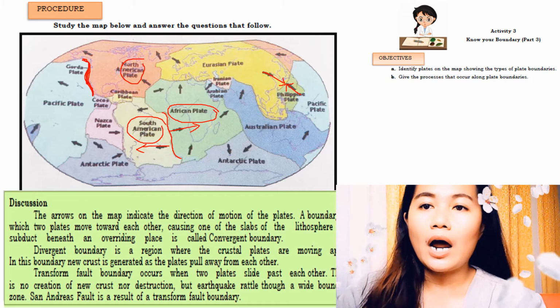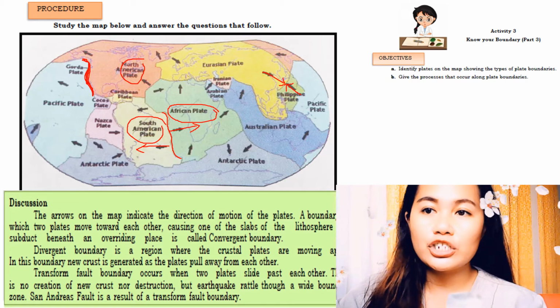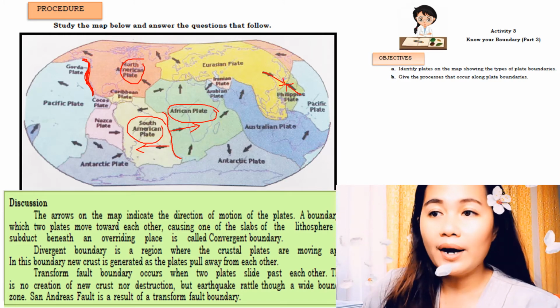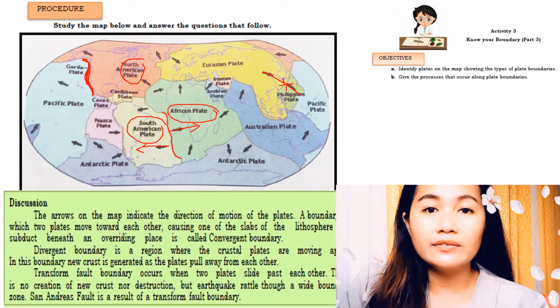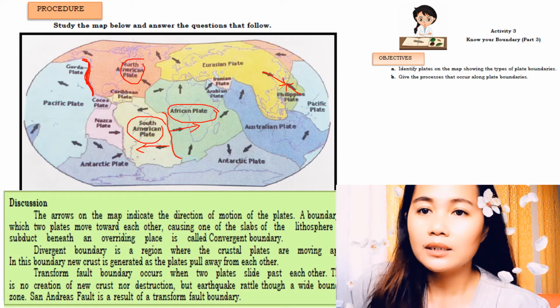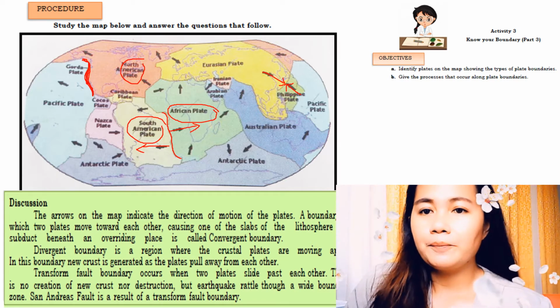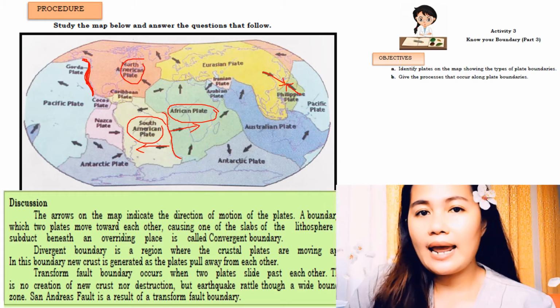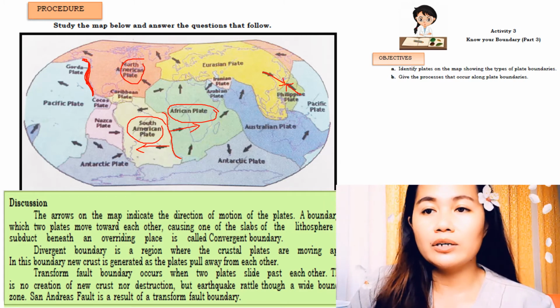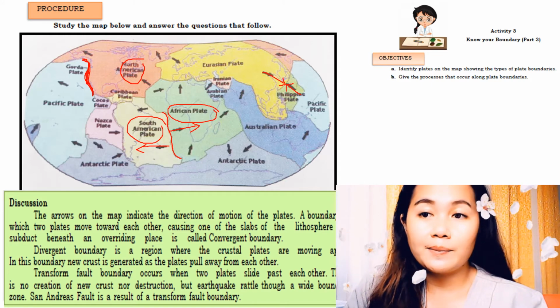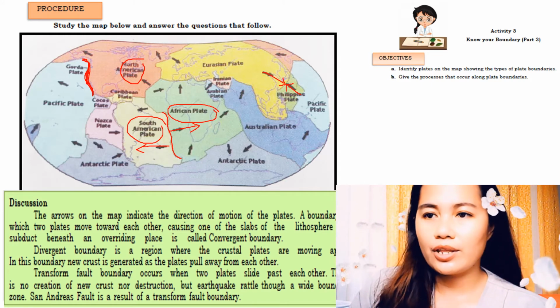Discussion. The arrows on the map indicate the direction of motion of the plates. A boundary in which two plates move toward each other, causing one of the slabs of the lithosphere to subduct beneath and override the other is called convergent boundary. Divergent boundary, on the other hand, is a region where the crustal plates are moving apart. In this boundary, new crust is generated as the plates pull away from each other.